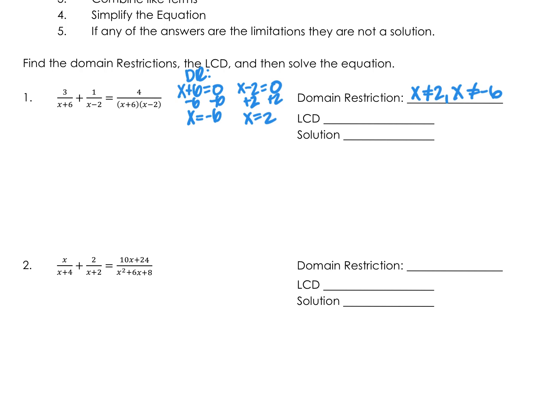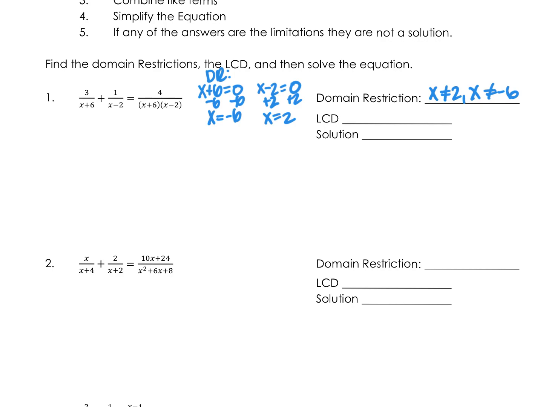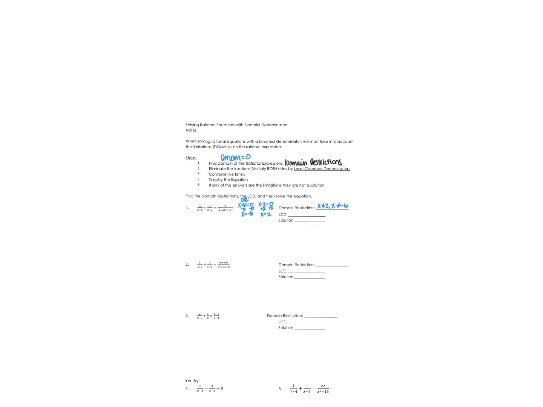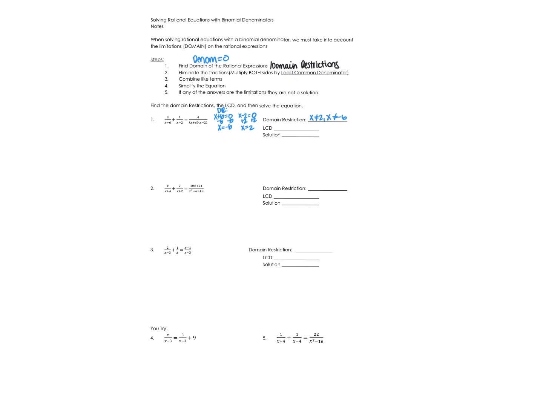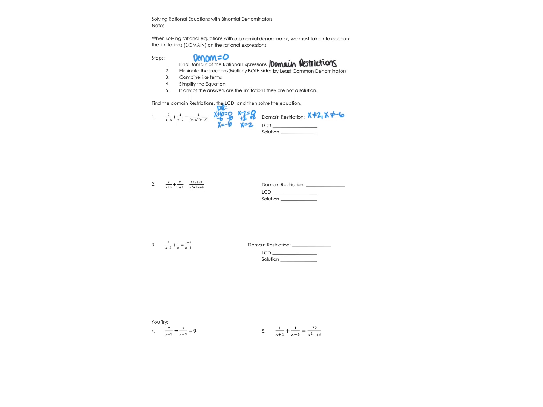Look at your fractions, look at your denominators, write down the LCD. So our LCD should be x plus 6 and x minus 2.